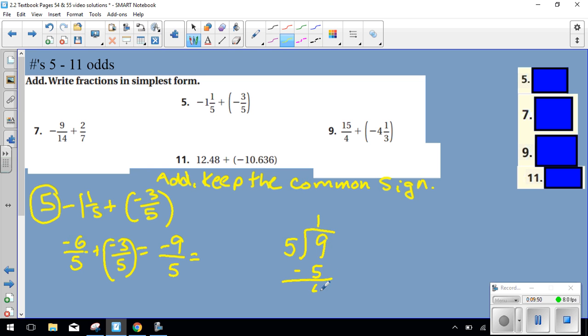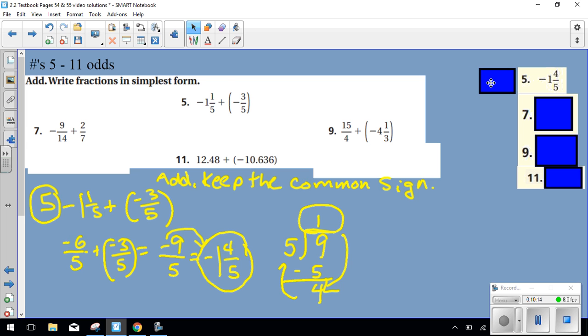There's 4 left over. So the negative just comes over. 5 goes into 9 one whole time, there are 4 left over out of 5. So my final answer is -1 4/5.